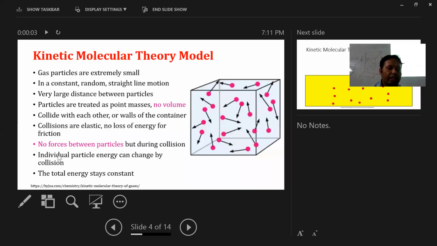That means individual particle energy can change by collision. So if this molecule has kinetic energy, it can gain energy when it collides with this wall, or when it collides with this molecule, it can go far away from this. So it can gain some energy by collision. It has been mentioned.